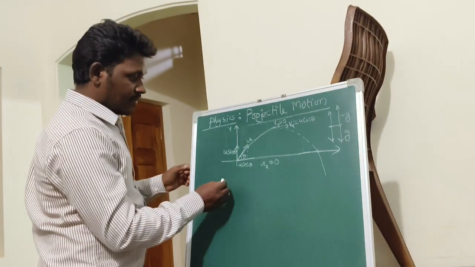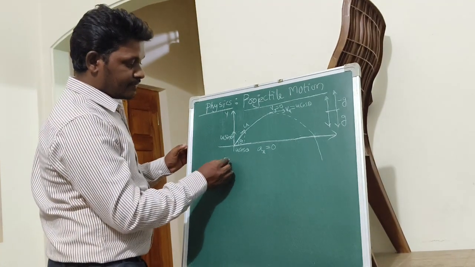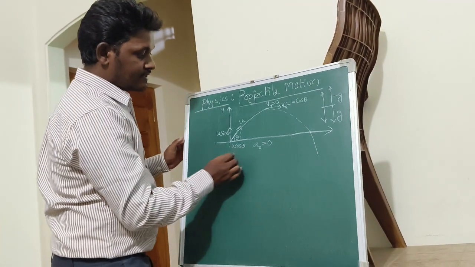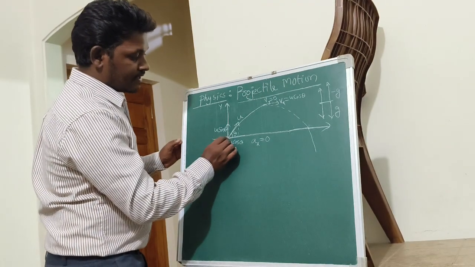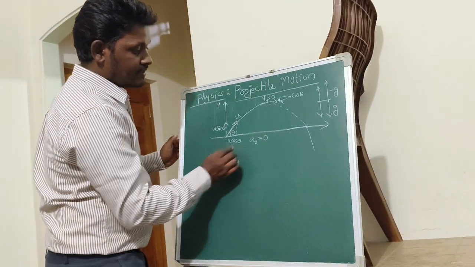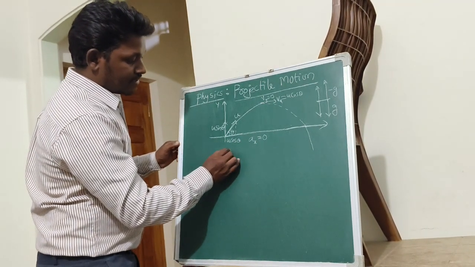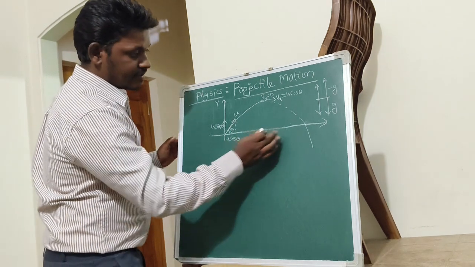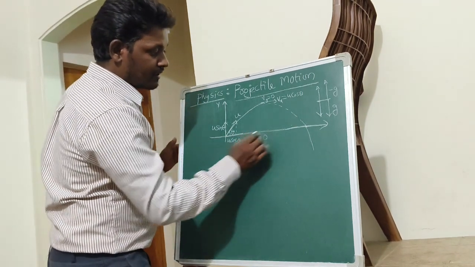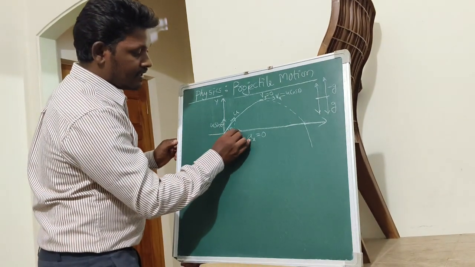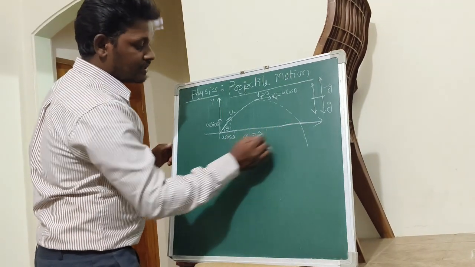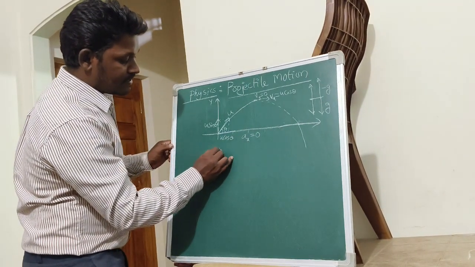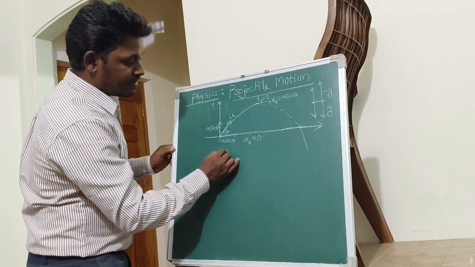I am taking the x direction as the direction of travel. Along the x direction, the displacement is x, here x is 1, here x is 2, x is 3, like this.